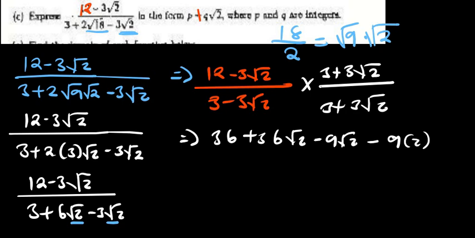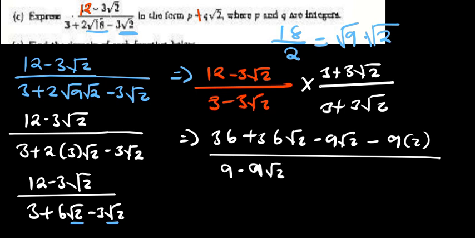Root and root will cancel. 3 times 3 is 9, but if you want you can square the part having negative, it's the same thing. 3 times 3 is 9, 3 times that is also 9 root 2. This is supposed to be plus, then this is going to be minus 9 root 2. That is going to be 3. 3 times 3 is 9. 9 root 2 times root 2 is 2.